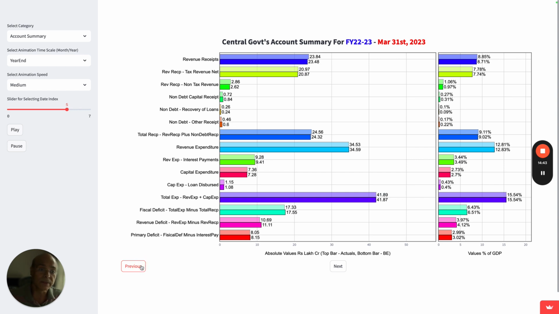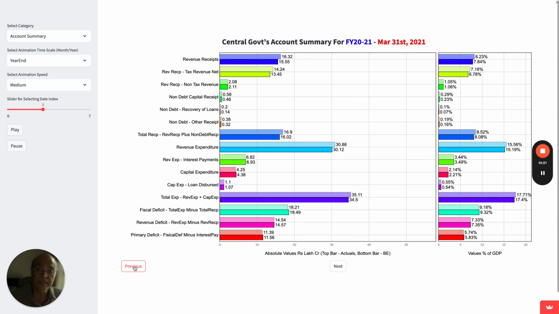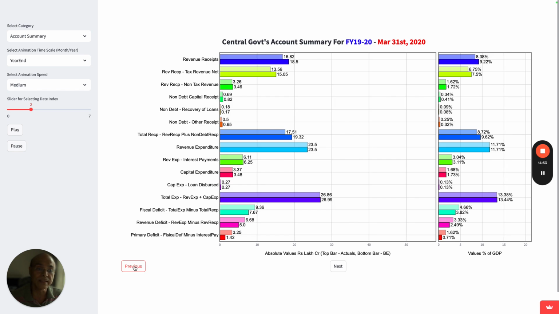Then the previous year, the number is 17.55 lakh crores. Then the previous year, 15.9 lakh crores. Then the previous year, 18.49 lakh crores. Then the number drastically reduces. So what this is telling us is that after COVID, our overall account statement from the point of view of fiscal deficit has gone haywire.